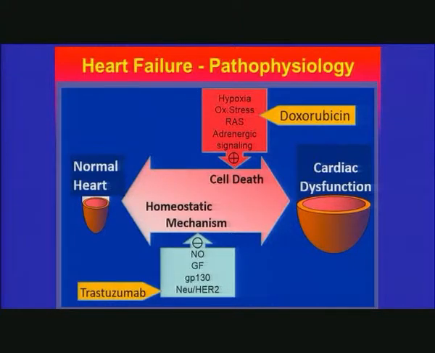And Herceptin, the trastuzumab, is a tyrosine kinase inhibitor, decreasing nitric oxide and modulating the growth hormone pathway, and through AKT and GP130 increase, this is the homeostatic mechanism modulation. So they largely recover and are reversible.